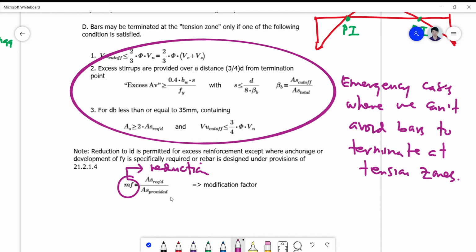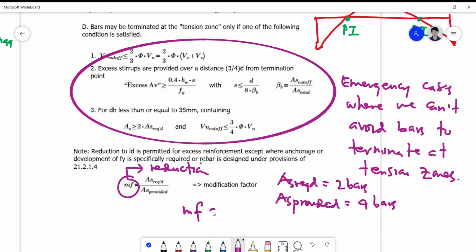Okay, so let's say the required reinforcement is only 2 bars and my provided reinforcement, my actual reinforcement, is 4 bars. Then if I divide this 2 over 4, my modification factor is now 0.50. Okay, meaning to say my length of development can be reduced up to 50% because I have provided twice as much of the area of reinforcement required.